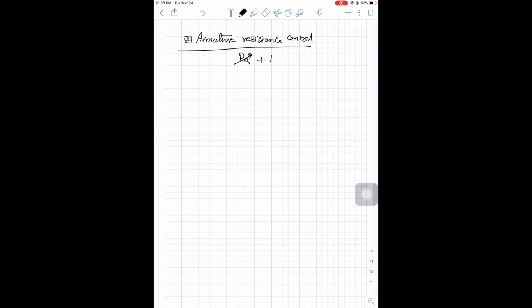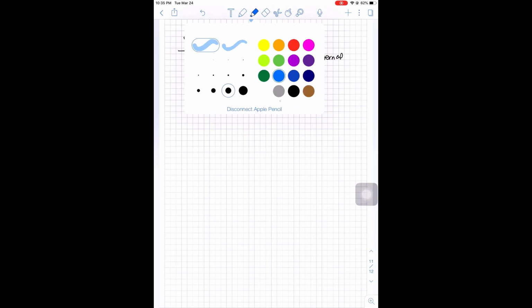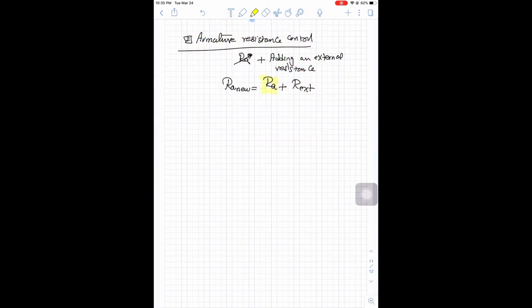By adding an external resistance. So your RA new will be your old RA plus R external. This RA is the resistance of the wires, which you cannot change. So what you will do is add a variable resistance to the armature.